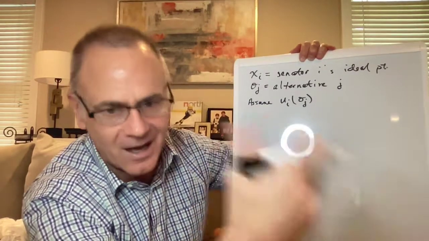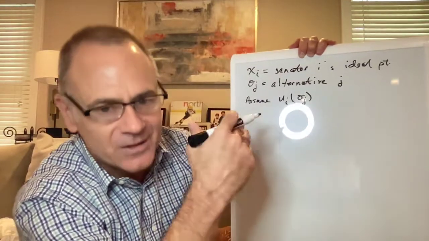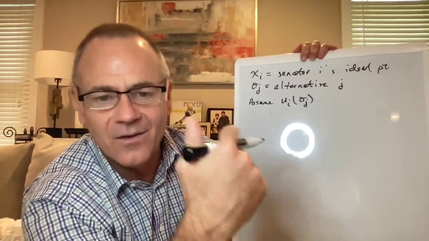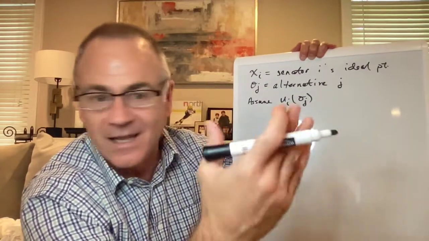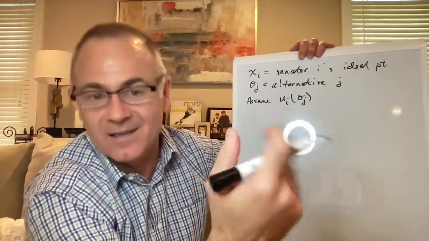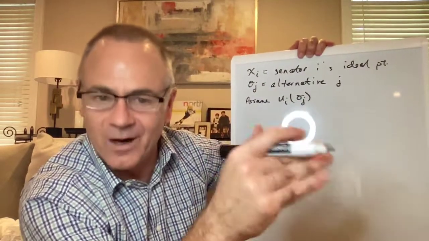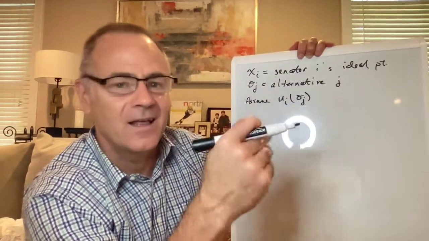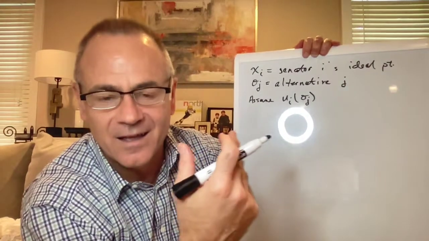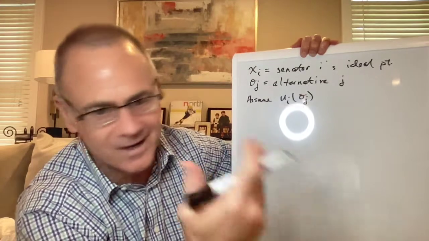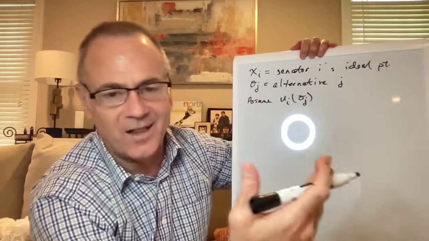Okay, it's over the objects that we get. So we would assume that the utility of theta_j is the utility of the policy that is put in place, the policy that becomes the law of the land. That's not what Krehbiel and Rivers assume. Instead, they assume you get utility out of voting for something. The utility is not for what is the resulting policy.